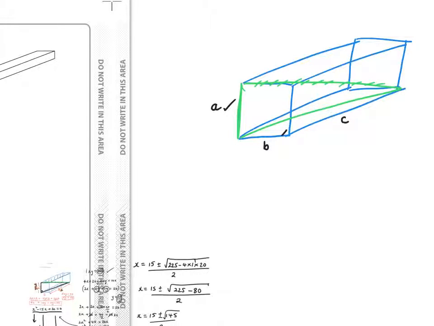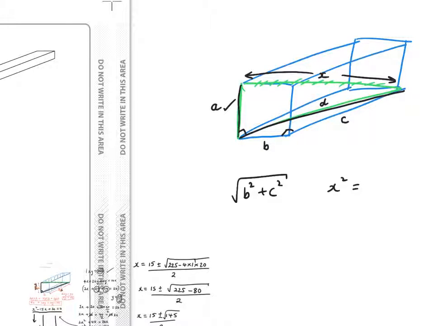So here's the clever thing. We can use Pythagoras to get this length here, because that length is, and we'll call it D, is B squared plus C squared square rooted, isn't it? That's what D is. But now we can find the missing length, and we'll call that X, because if we use Pythagoras again, i.e. we want to find X, so X squared, and don't forget it's in a right-angled triangle, so we can use Pythagoras. X squared is going to be A squared plus D squared.